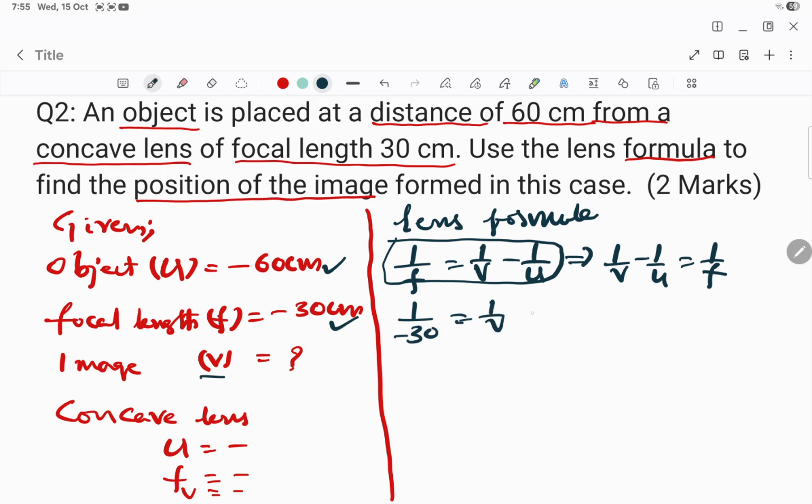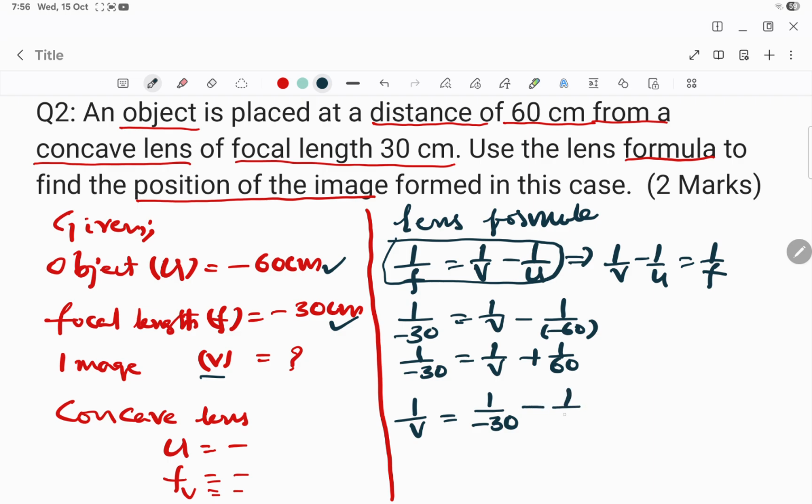Focal length is given as minus 30 centimeter. Then 1 by v we have to calculate. Object distance is minus 60 centimeter. That means 1 by v plus 1 by 60 is equal to 1 by minus 30. We need image distance, so take it out: 1 by v is equal to 1 by minus 30 minus 1 by 60.